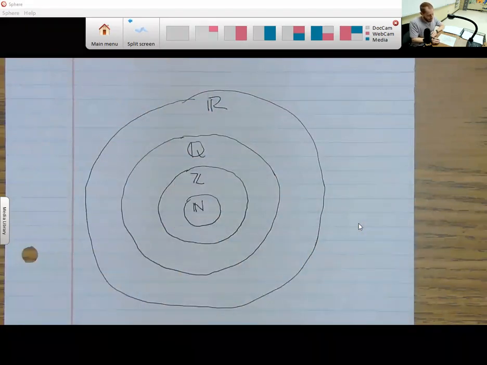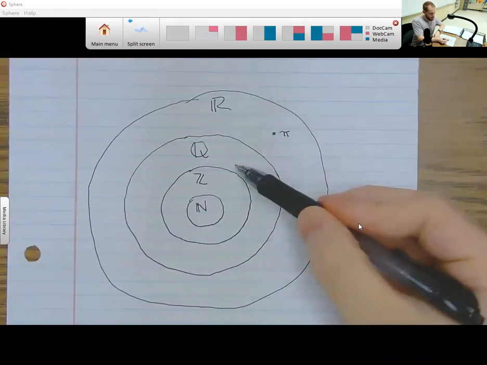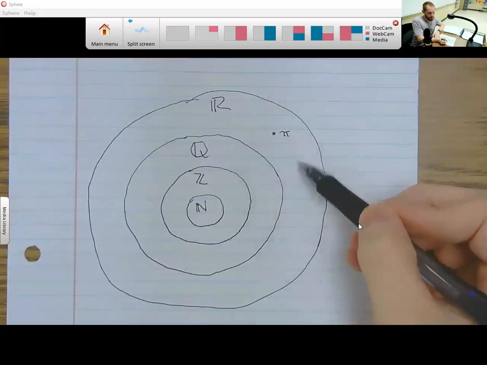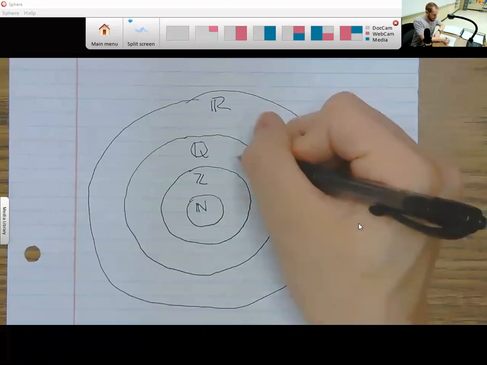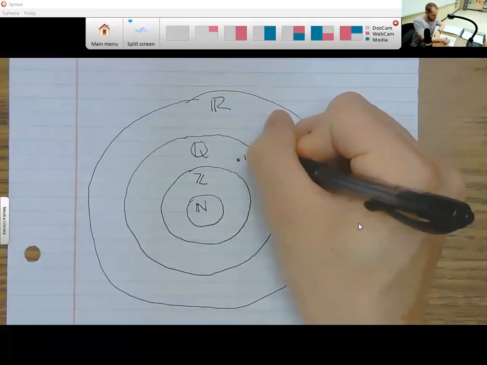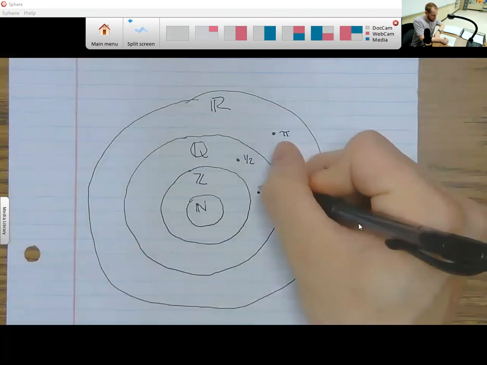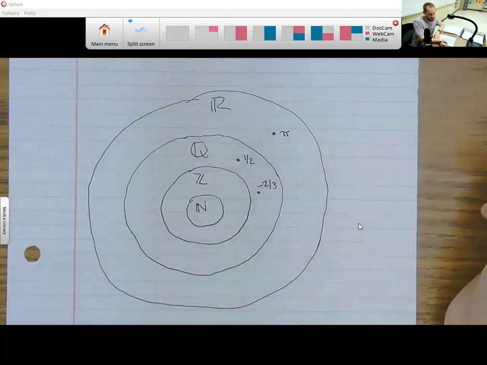Now, some of them are irrational, like pi. So they're not going to go in the Q circle, right? Pi is going to be in the real numbers, but it's not rational. So I can't put it in this circle. But I can put 1/2 here. I can put -2/3 here, right? Because those are fractions.